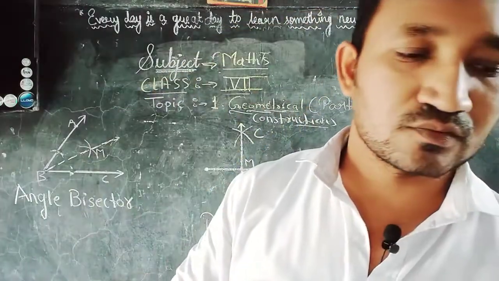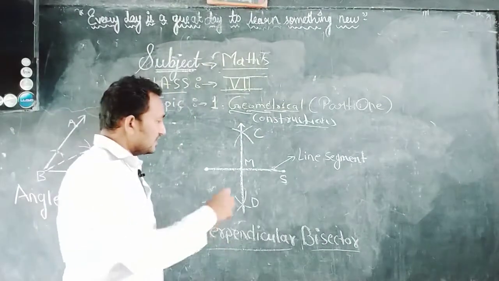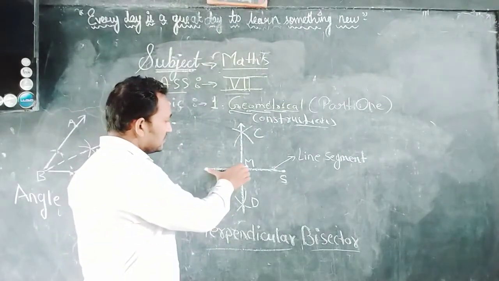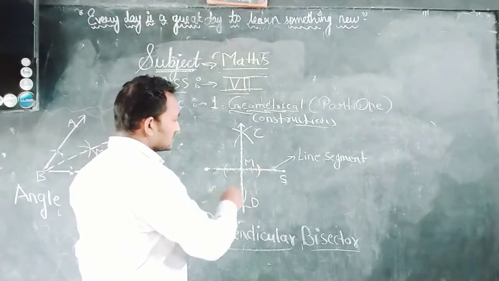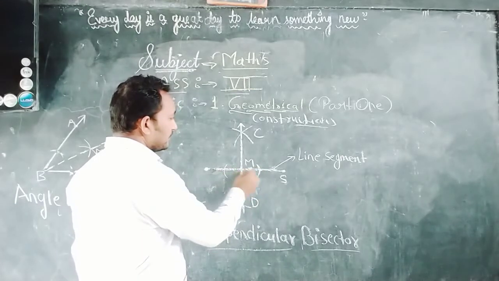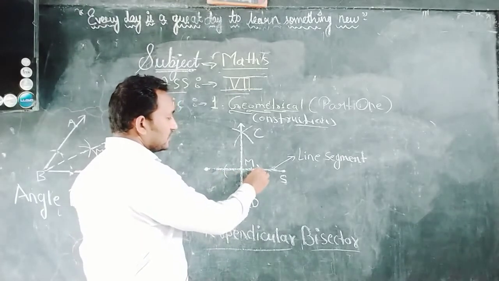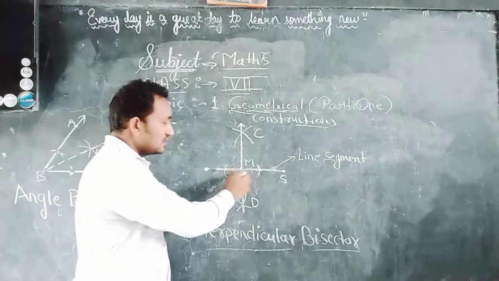First of all, take a distance from here and here and make two arcs. Then put the point of the compass here and the pencil, and take the distance of these two points.